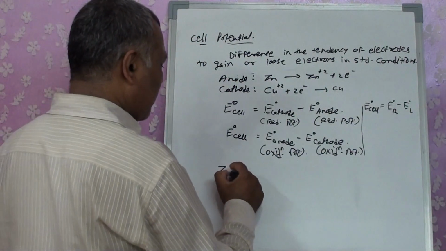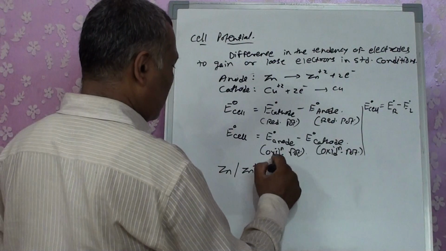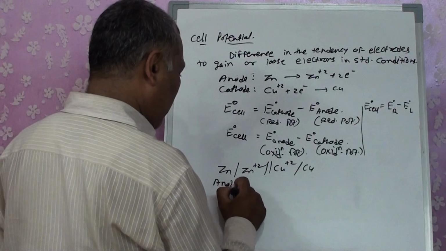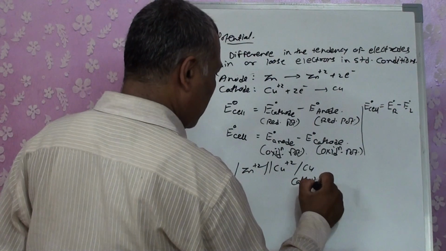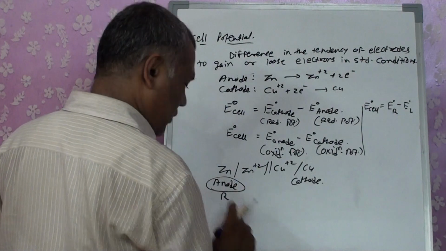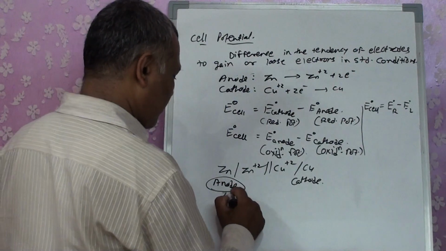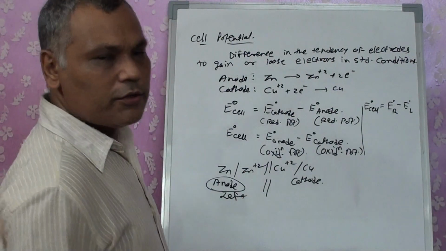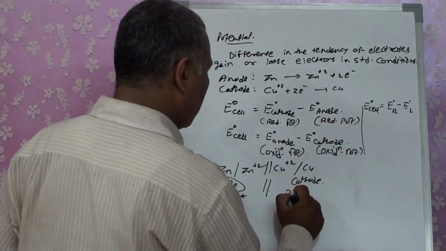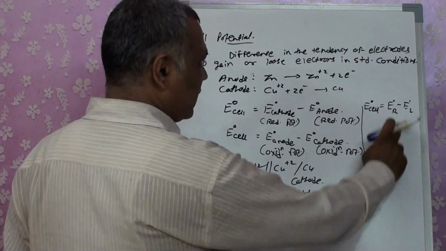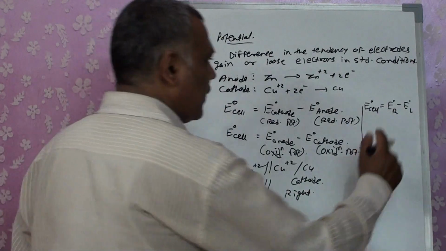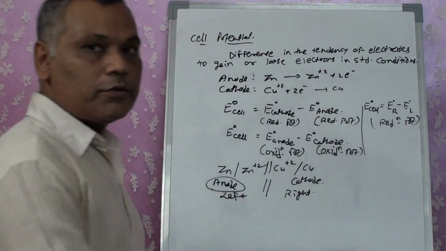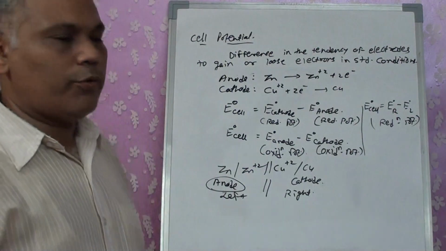When we did it as a cell representation, we always wrote the anode on the left side of the salt bridge, and we always wrote the cathode on the right side of the salt bridge. And so it is written as right minus left, meaning cathode minus anode. It means reduction potentials will be used. So for it you will be using the reduction potential.